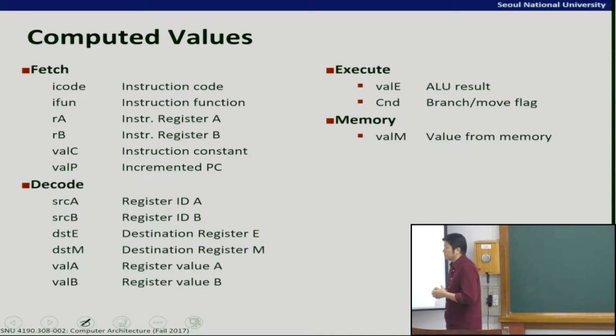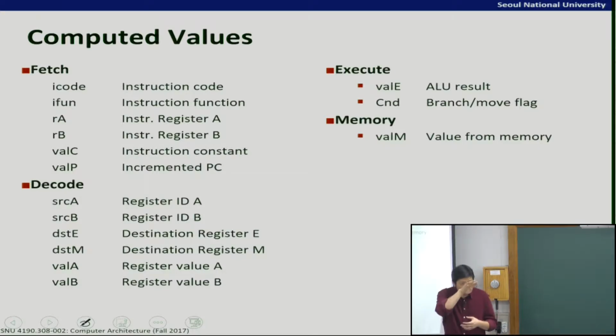And so this is called dstE and dstM, because sometimes the write-back value comes from the execute stage. For example, if you have an add instruction, the value to write back to the register comes from the execute stage, from the ALU, right? But in the case of a pop instruction or a move instruction from memory, the value to write back comes from the memory stage, from the output of the memory.